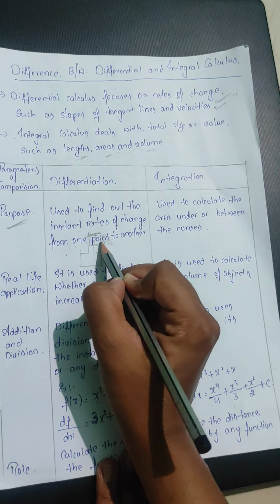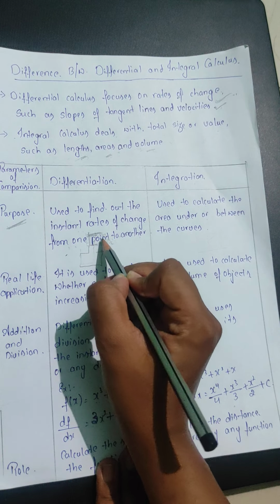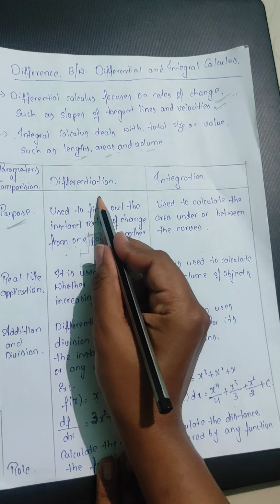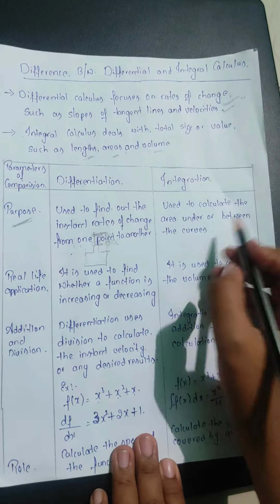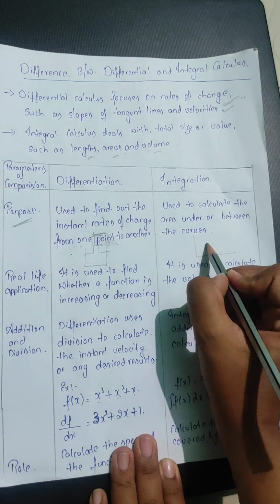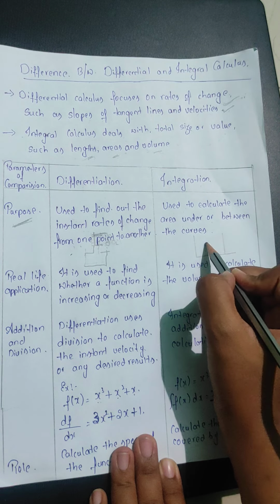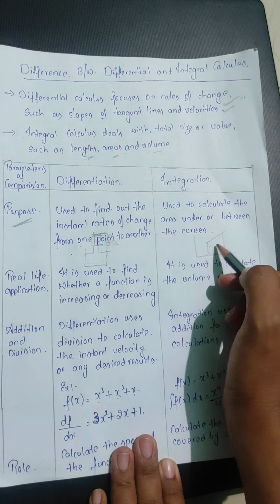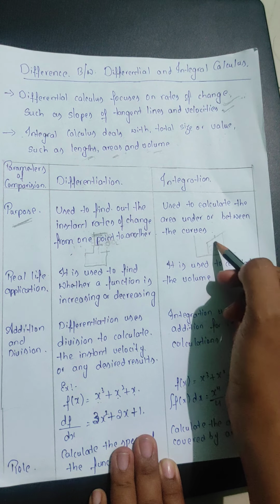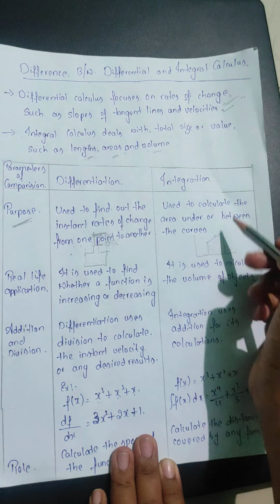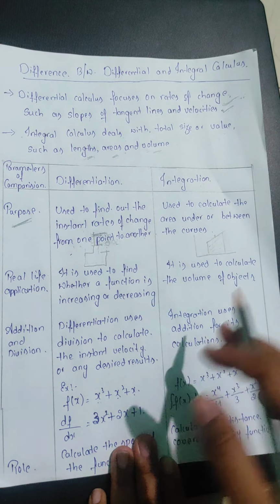This is the rate of change, which is related to differentiation. Now for integration, I am going to consider two curves. The area between these two curves or the area under this curve, this is the purpose of using integration.